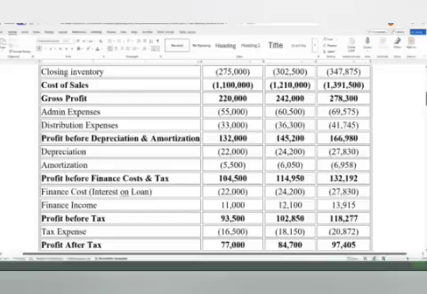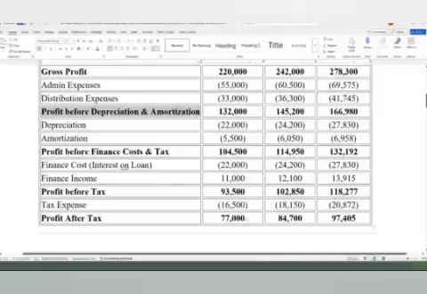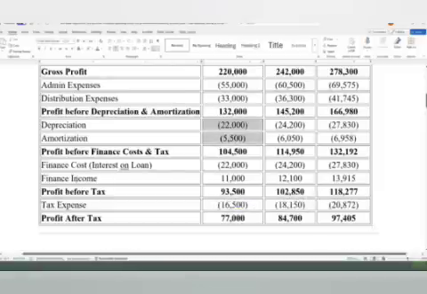But we're in a situation where I pinned it now and I call it profit before depreciation and amortization. Please add back, work back. Pick your profit before tax, add finance cost, add depreciation, then remove finance income if there is, to arrive at your earnings before interest and tax.